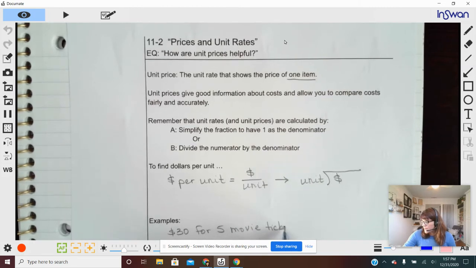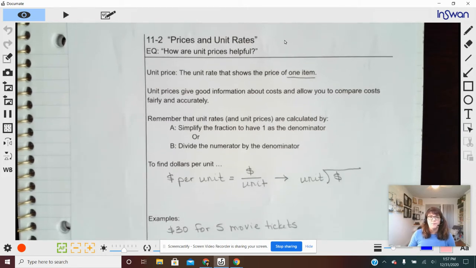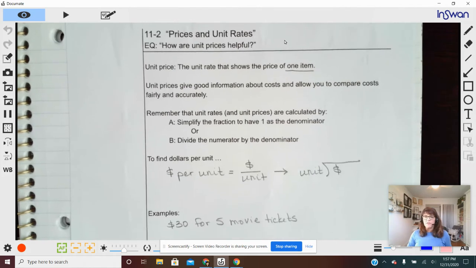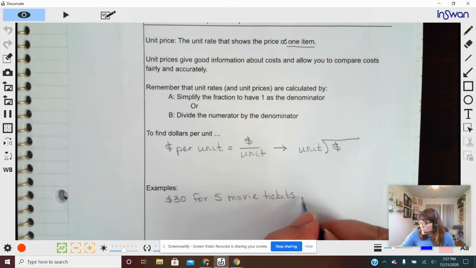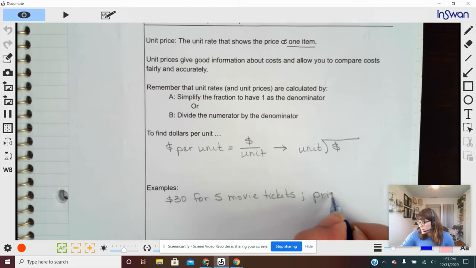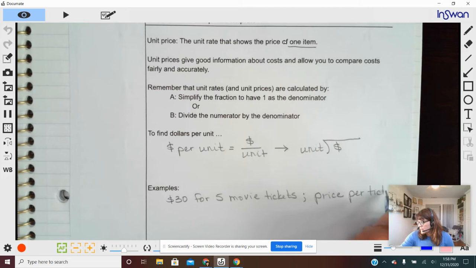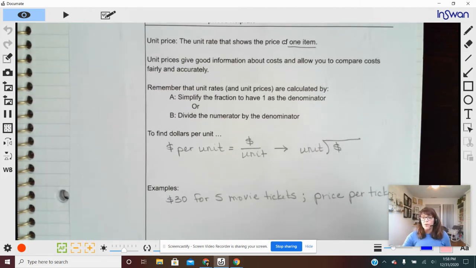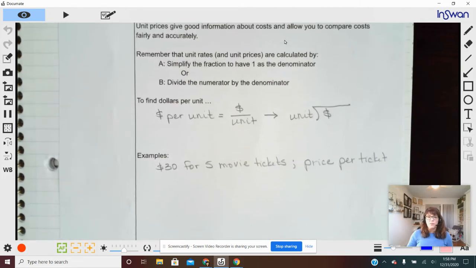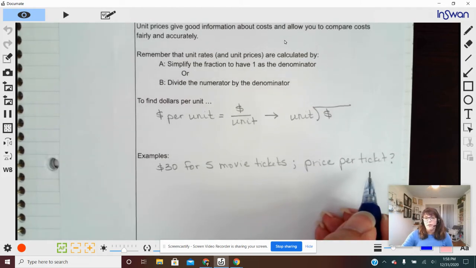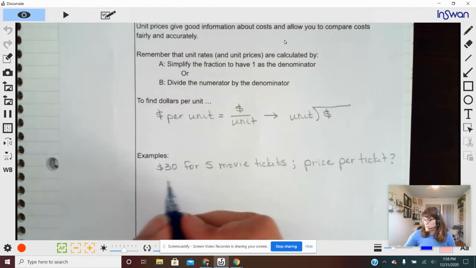I bought the movie tickets so that my friends and I could all meet at the movies, but I need to know, what is the price per ticket? It will help you if you write this down, because it's going to help you with the order.